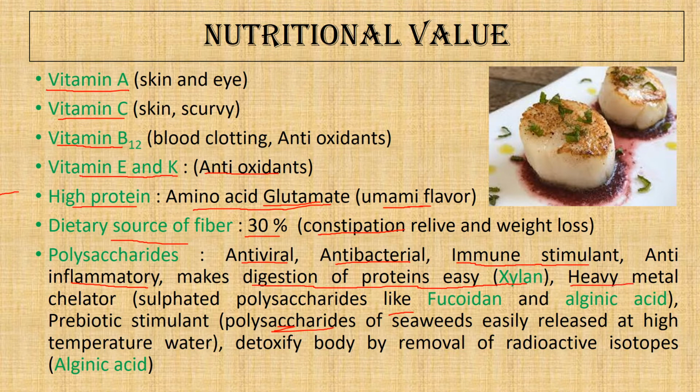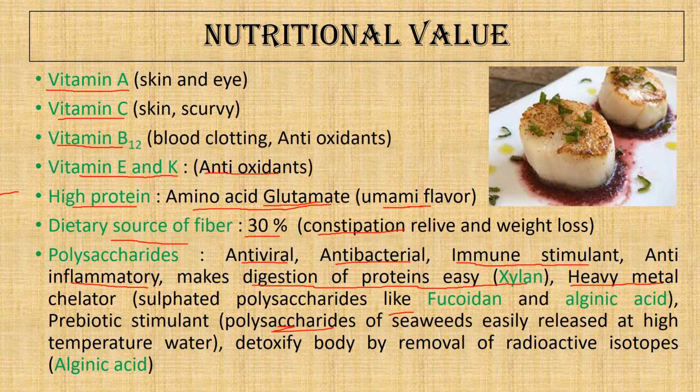Chelation of heavy metals is that these polysaccharides absorb the heavy metal from our body, and they make this heavy metal not bioavailable to us. For the same reason, as they are not bioavailable, they are not absorbed in our body, and they are easily removed from our body through the feces.